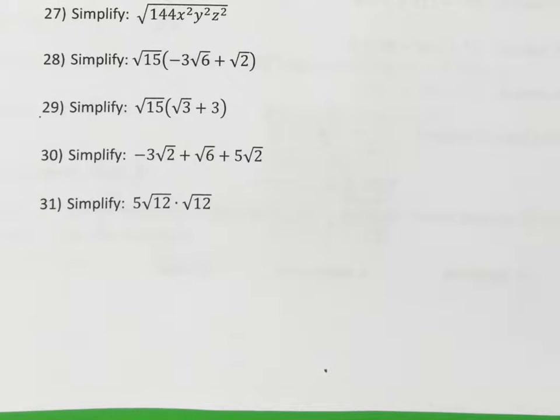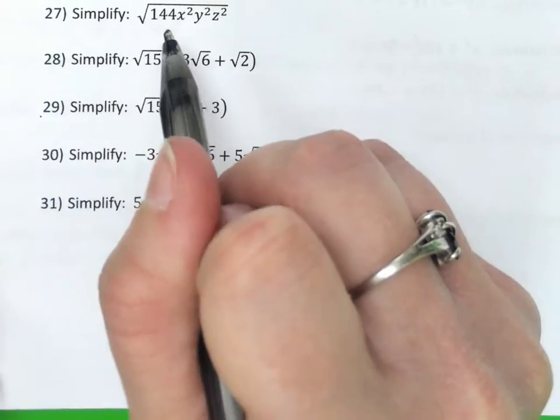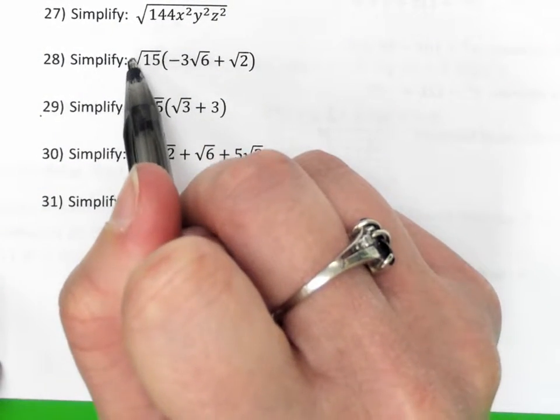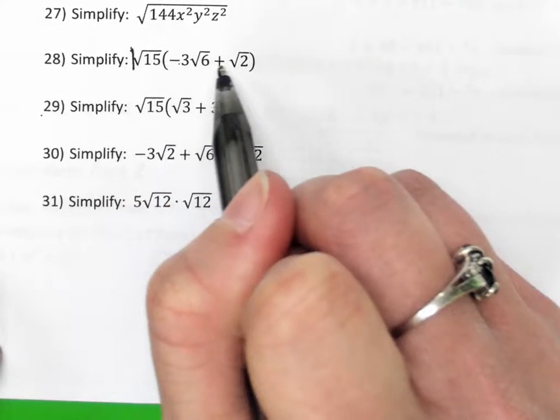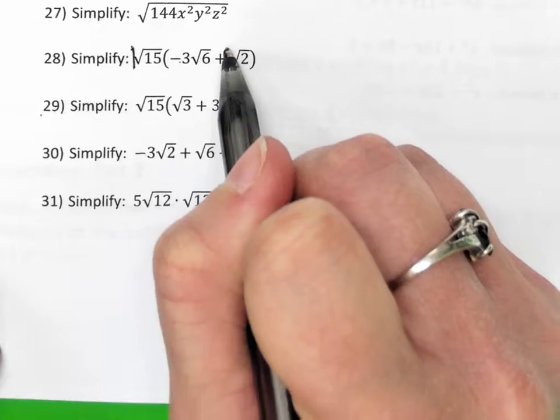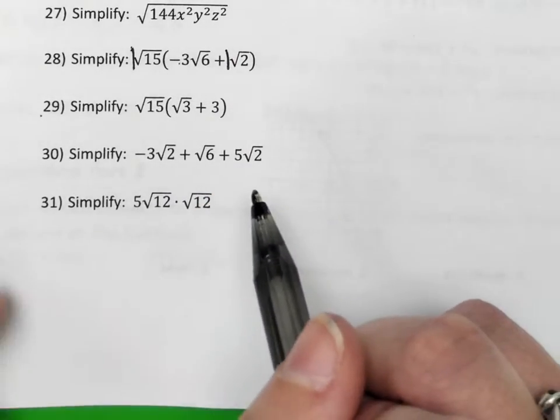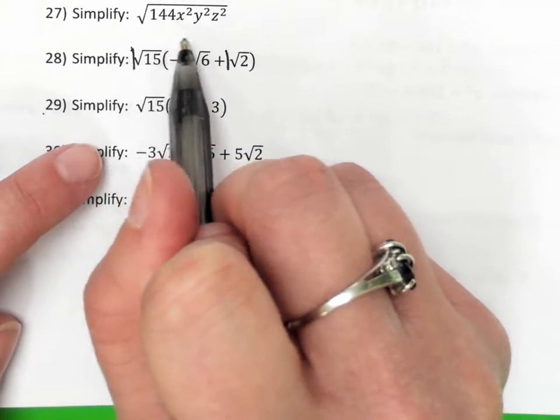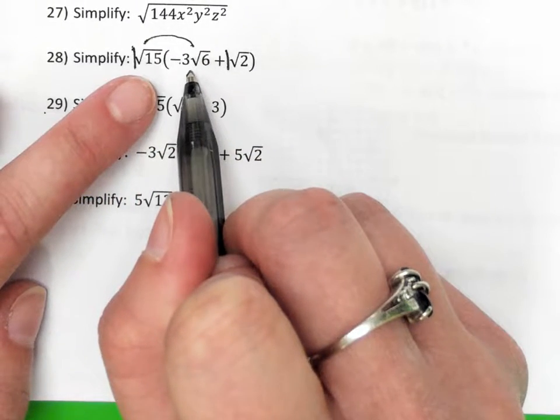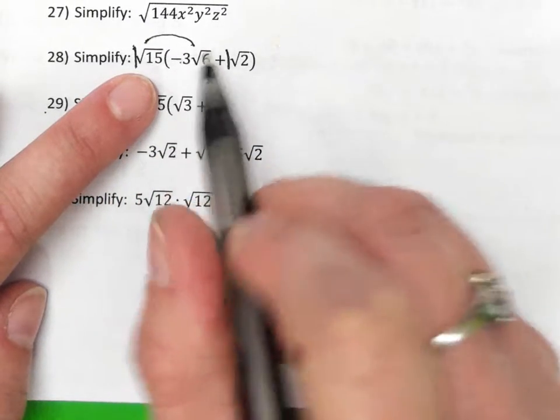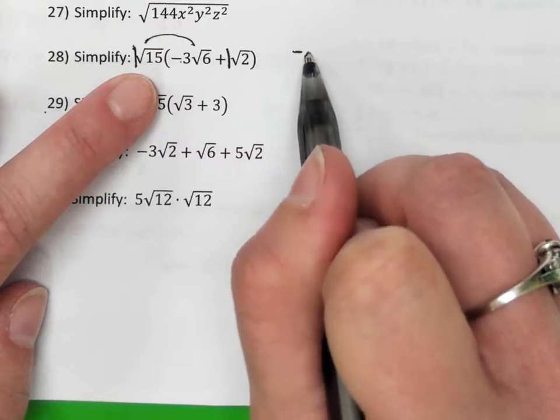Y'all ready? We just took a test on this yesterday. What number is here? 1. Then there's negative 3. And what number's here? 1. You ready? What are we going to do? Multiplication. Very good. What are we going to multiply here? 1 times negative 3 is?